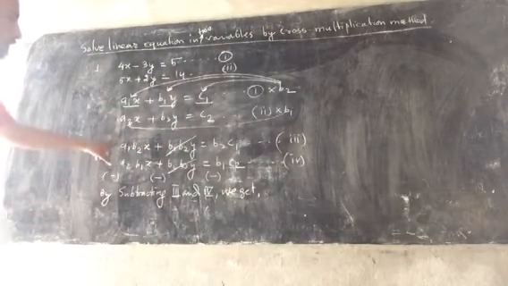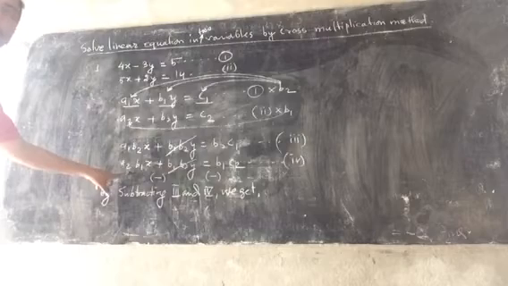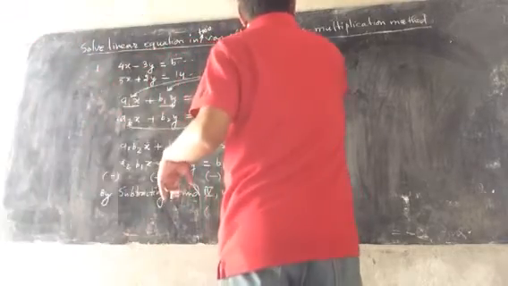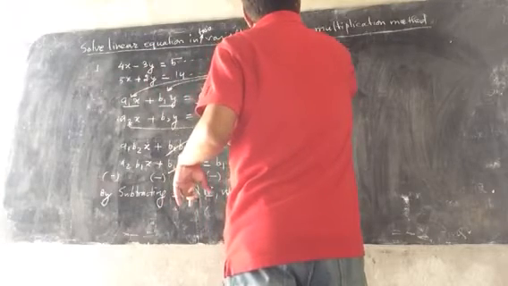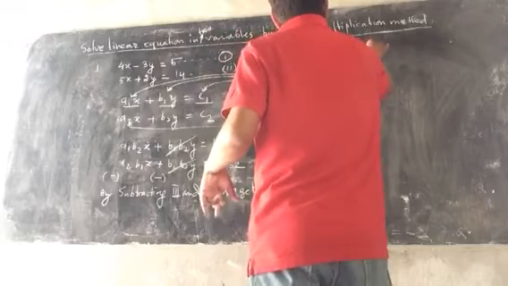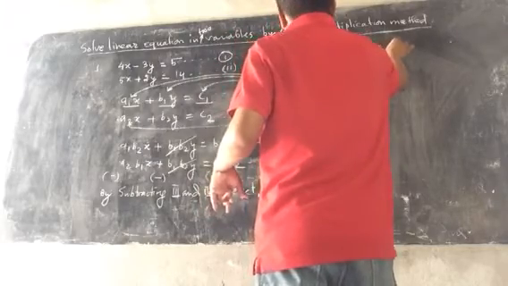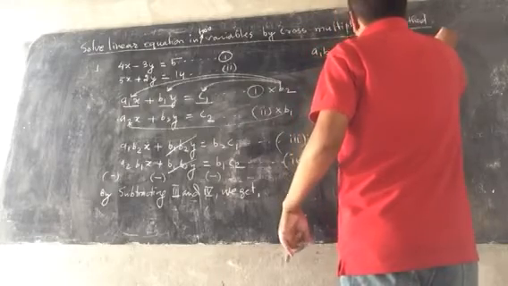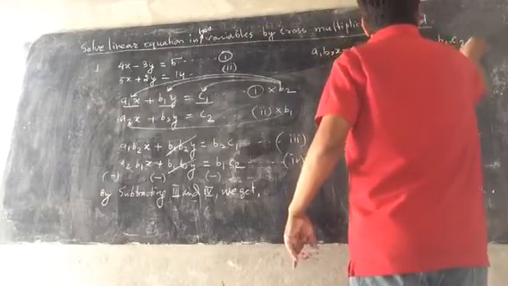Now you see here. Now these should be subtracted by this. Okay, means these two will be subtracted. We have to write in the form of difference. B1 B2x minus A2 B1x is equal to B2 C1 minus B1 C2.